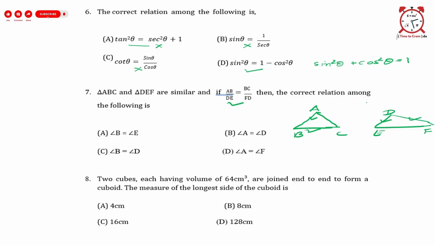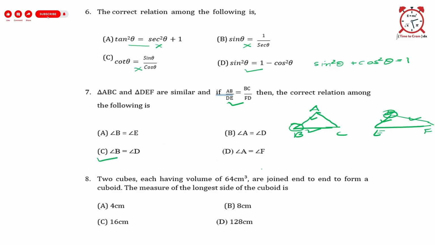Then the correct relation among the following is what? Between these two sides B is the included angle. Similarly, between these two sides D is the included angle. So here B equal to D, so option C is the correct answer.